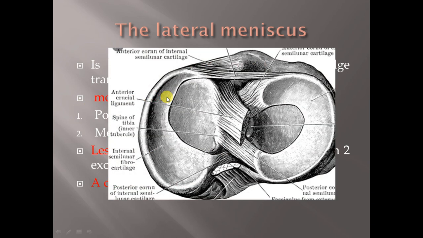The lateral meniscus is more mobile. The medial meniscus is attached to the capsule all over its radius, but on the lateral side there is the popliteus tendon, and there are meniscofemoral ligaments, the ligament of Wrisberg and the ligament of Humphry, in relation to the PCL, attaching the lateral meniscus to the femoral condyle.